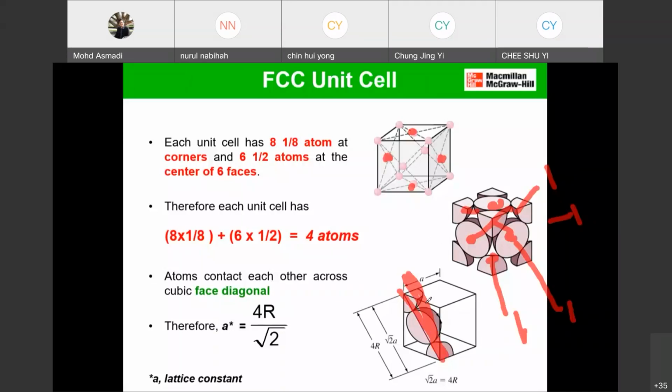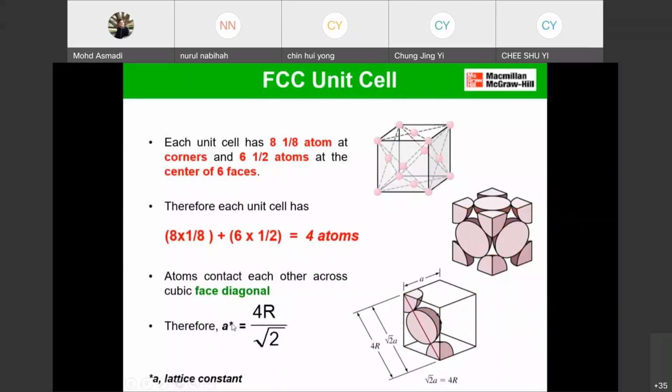And then for the BCC, if you still remember, this one is the face diagonal. If BCC is along the cube diagonals, meaning that it is in this direction. If you still remember just now, because there's an atom here, this one atom and this one atom are in this diagonal direction.